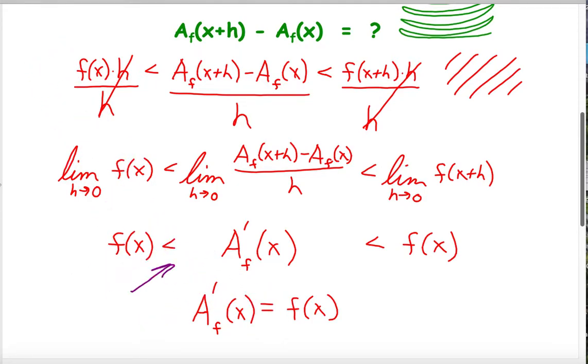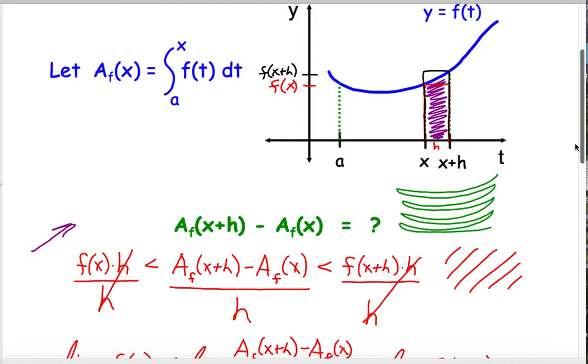Now let's go back up to how we defined the area function and f of x. So the derivative of this equals this function here. Or another way of saying that is, the antiderivative of this function is our area function.